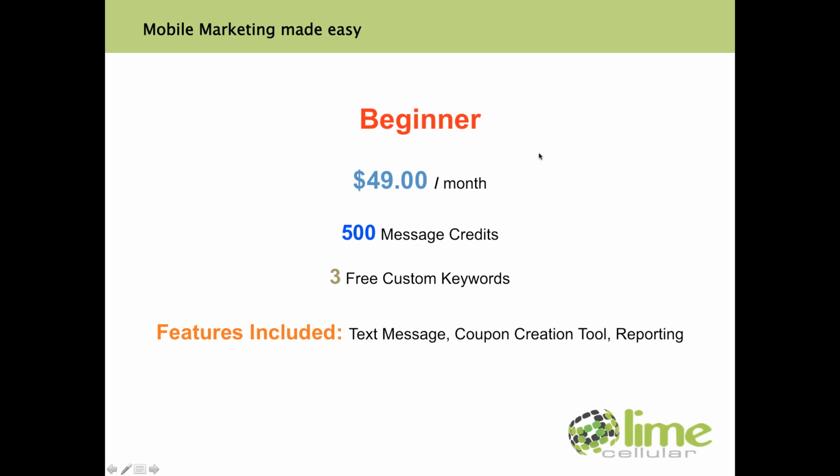So in this example, we'll start the end user off at $49 a month, 500 message credits, a couple of custom keywords, and some features. Now, what's good about this is this industry has a very high markup.